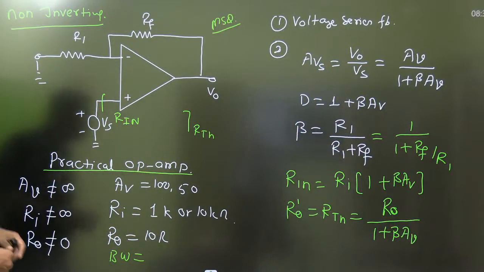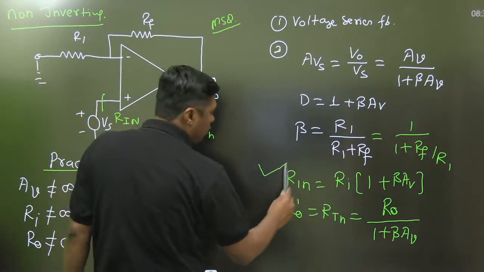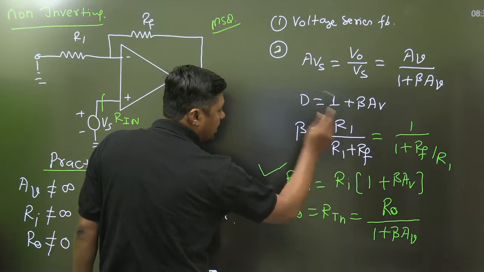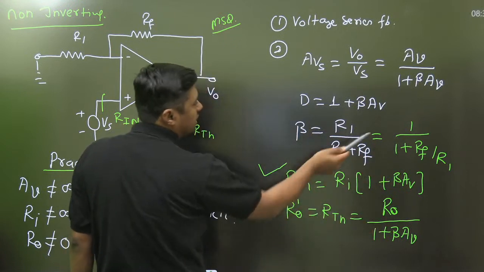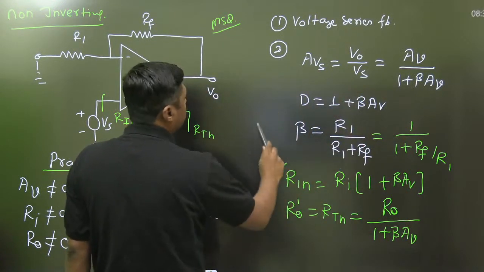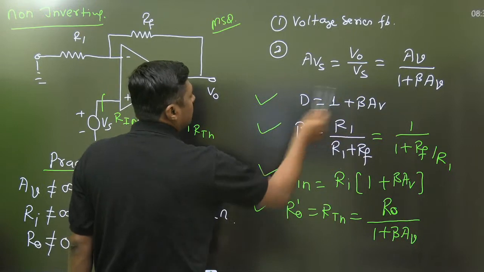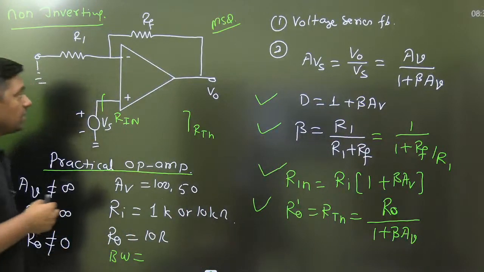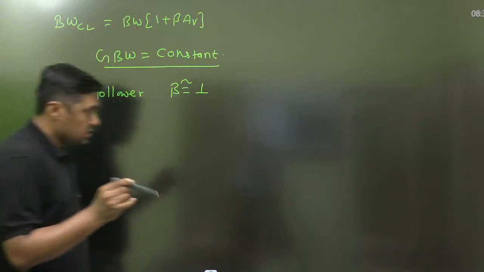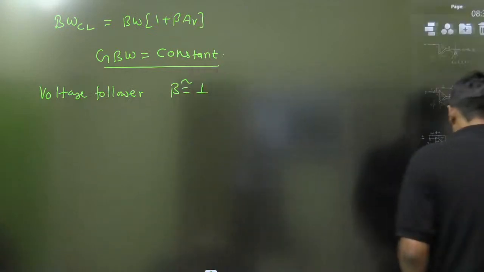What about the input resistance? Same, you have to use beta is equal to 1 here, and similarly for desensitivity, and so on. Now, just try to solve this question.